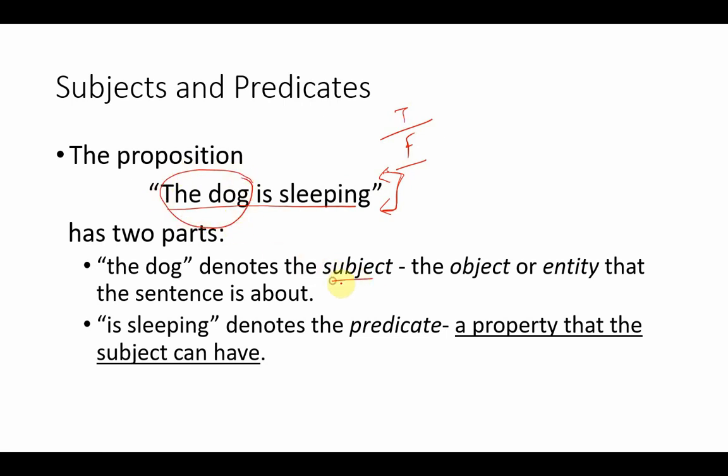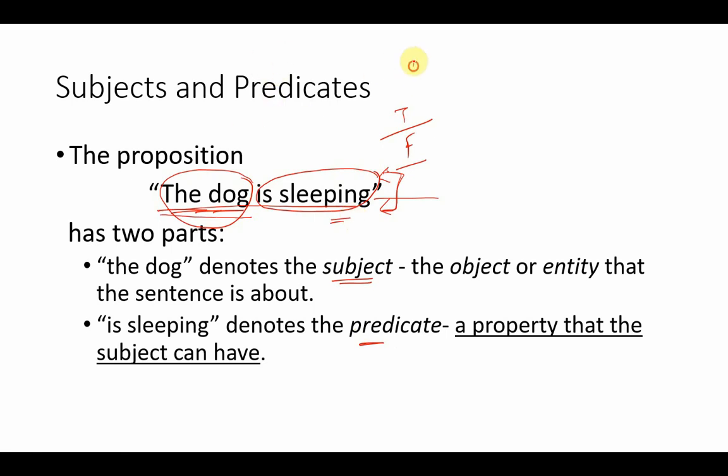It is called the subject. It is the object or the entity about which this proposition is talking. Then the second part, is sleepy, is called the predicate part. The predicate essentially means a property. It is a property that the subject can have.